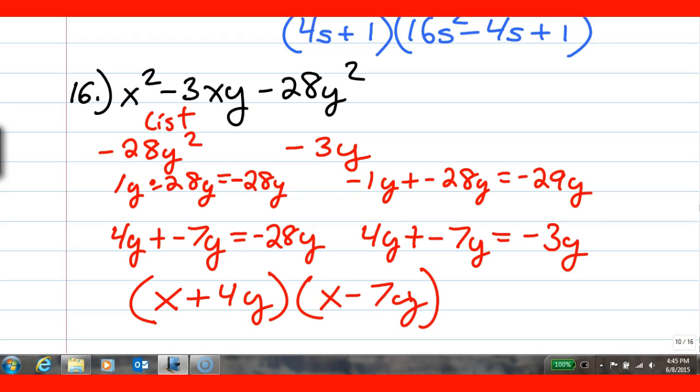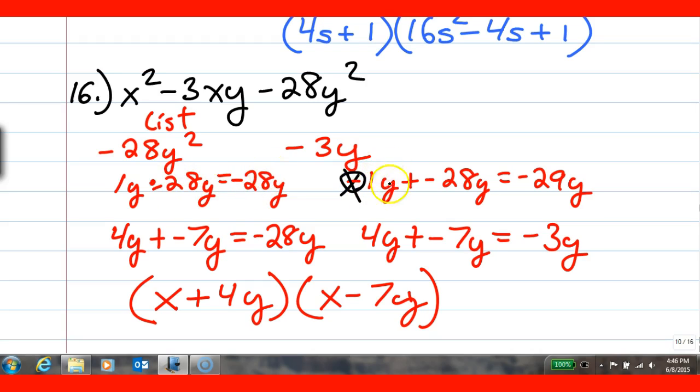Right? So I'm going to come back here. I look at it. If I were to put a negative on both, well, that would create a positive. That's not going to work. There's a slight error in here. This extra negative right here shouldn't exist. So I have here a positive 1y times a negative 28y makes a negative 28.